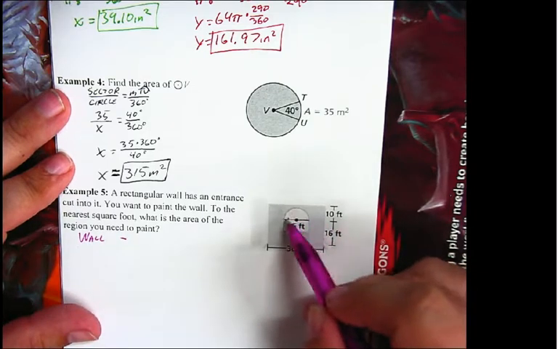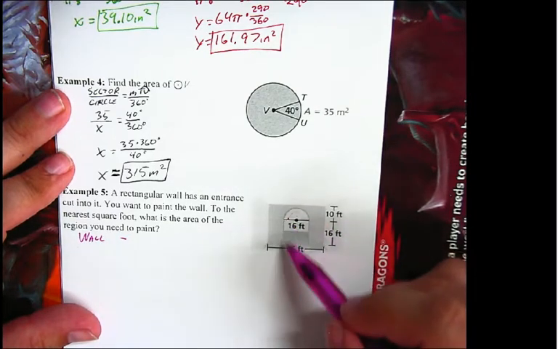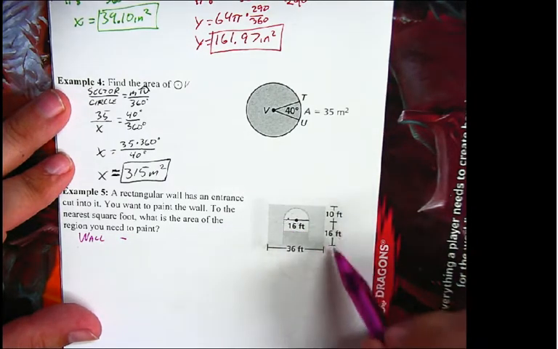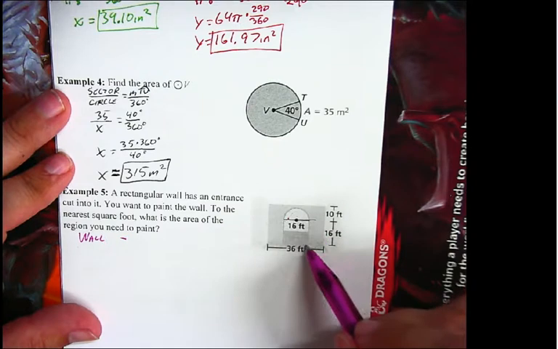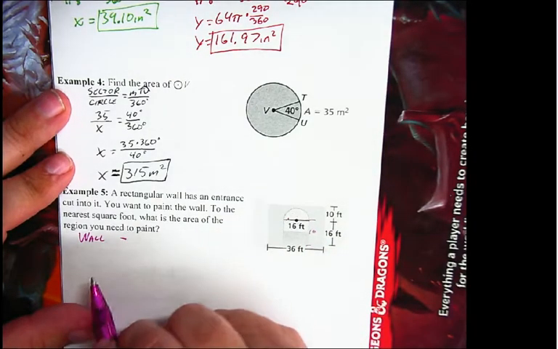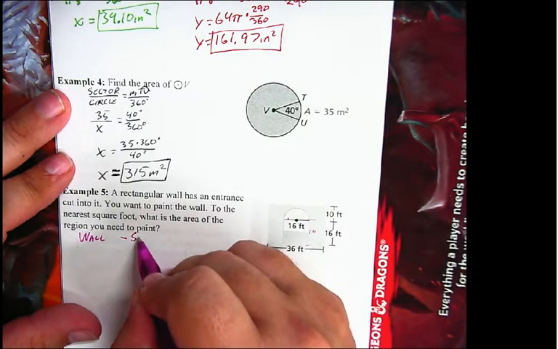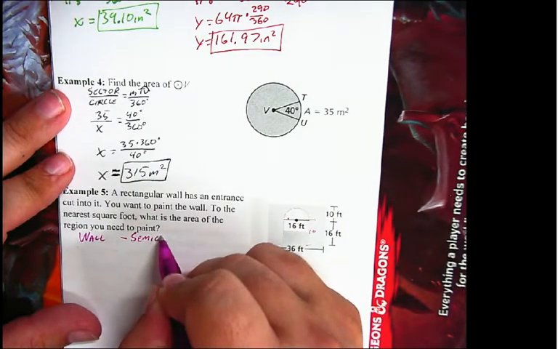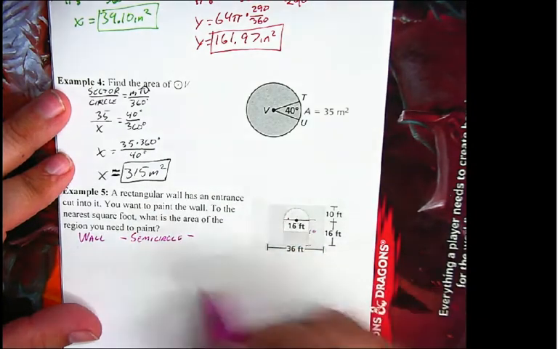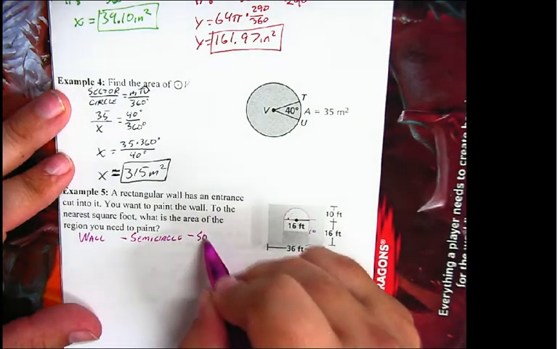What we're going to do is the area of first the semicircle, followed by this part here, which is 16 feet wide and 16 feet tall, so right there is 16. So that's going to be a square because it's the same size. Okay, so semicircle, and we're also going to subtract out the square.